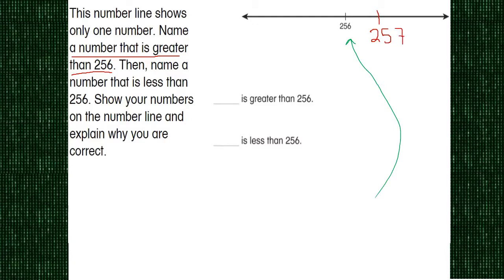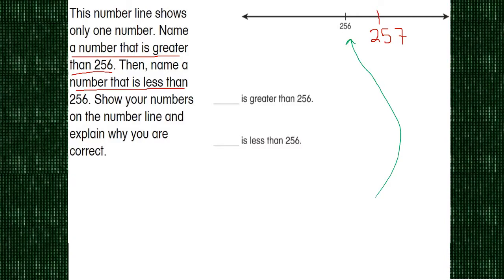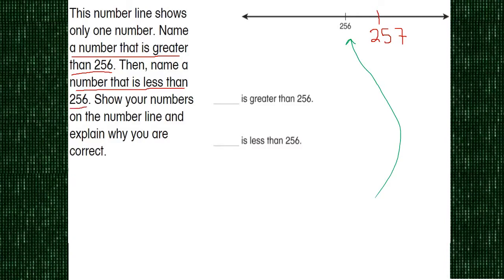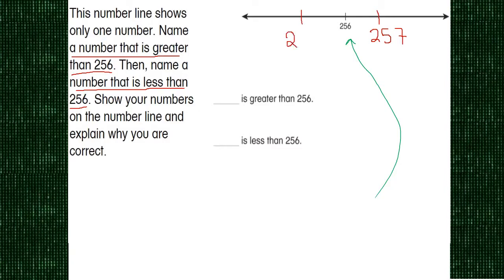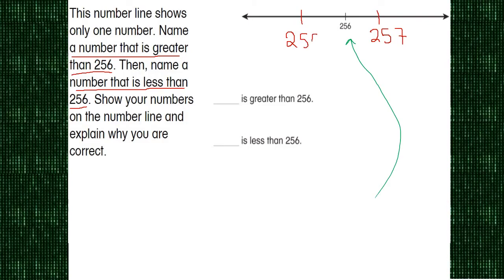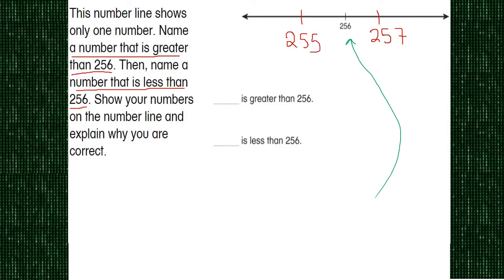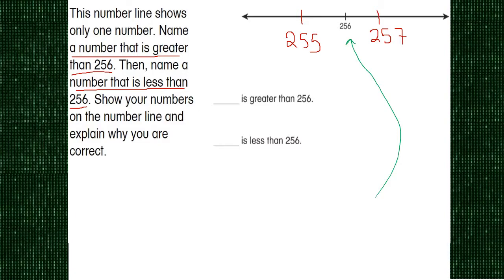Now let me go back to that paragraph. Then name a number that is less than 256. Okay, well, I'm going to choose the number 255. All right, and then it says show your numbers on the number line and explain why you are correct.